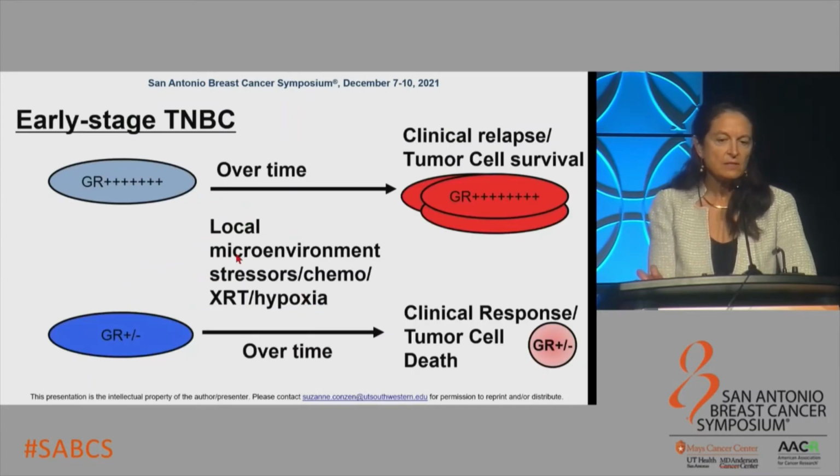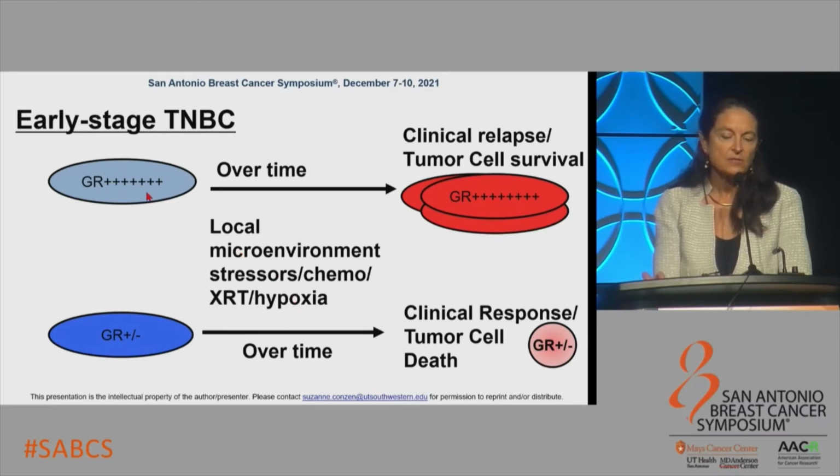What did this mean? It meant that we really pivoted from studying general growth factors to glucocorticoid receptor because the effect was so strong. What we hypothesized as a central hypothesis in the lab was that glucocorticoid receptor activity in a primary tumor and perhaps in micrometastases over time would lead to clinical relapse, whether there were local microenvironmental stressors, chemo, radiation, or hypoxia.